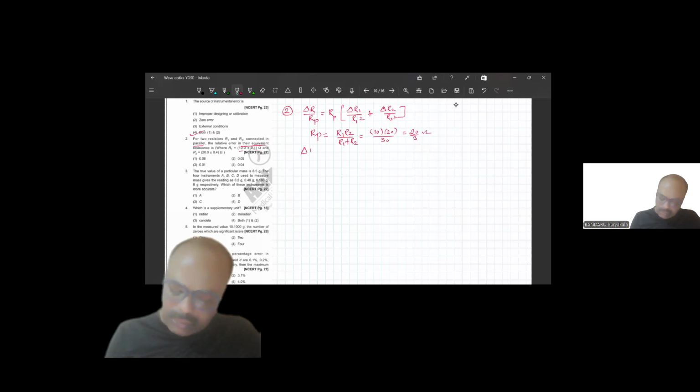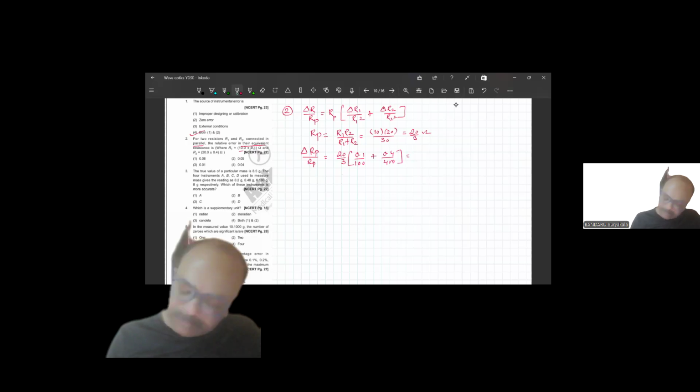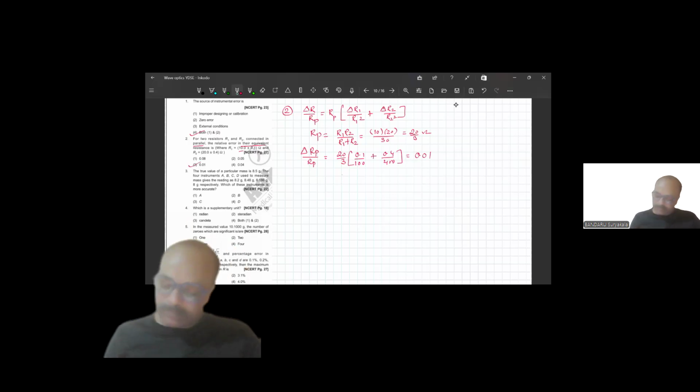So we want delta RP by RP, that equals 20 by 3 into delta R1, which is 0.1, by R1 value 10, 10 square becomes 100. Delta R2 is 0.4 and 20 square becomes 400. If you do the calculation, you will get 0.01. So what is the correct option here? 0.01 means option 3 is the correct answer.